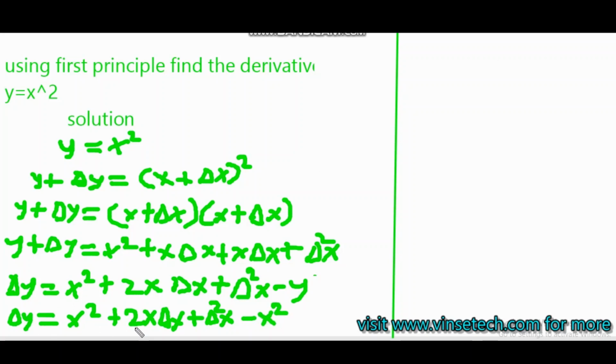Looking at the last equation, you see that x squared can actually cancel x squared. That is x squared minus x squared, which is equal to 0. So you cancel out both x squareds.